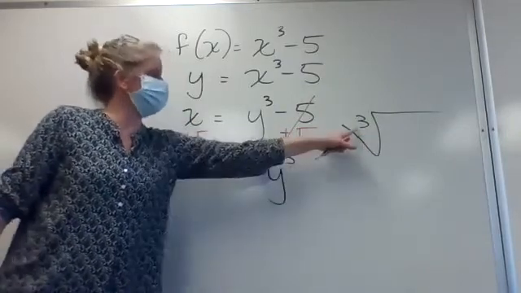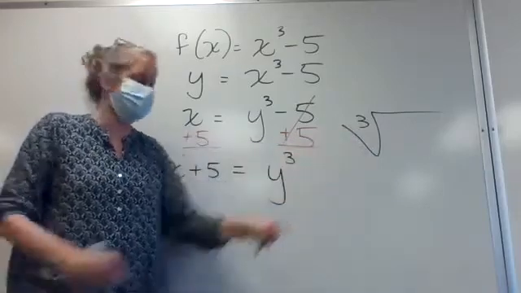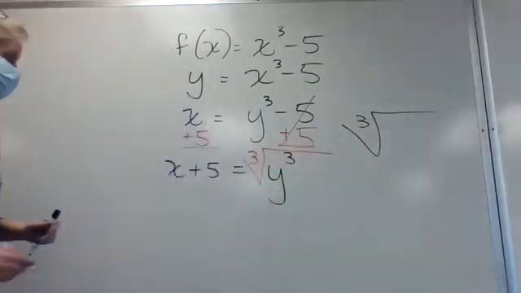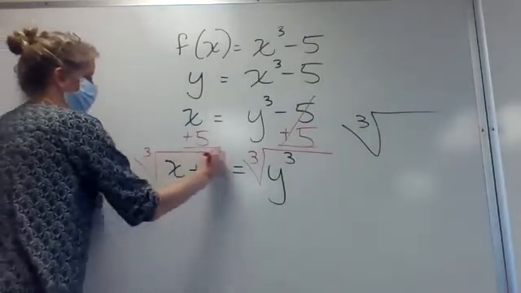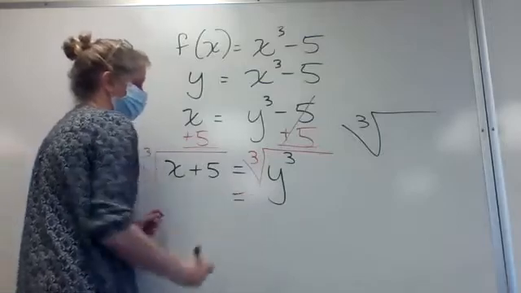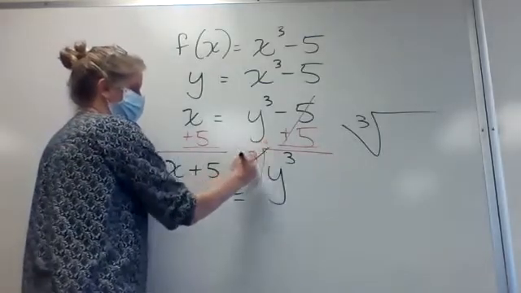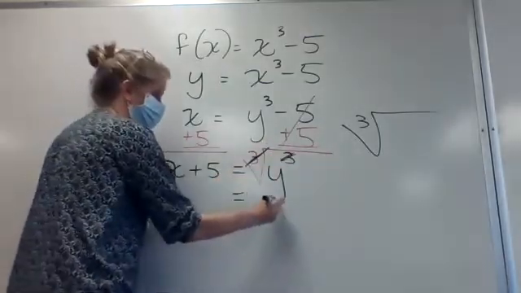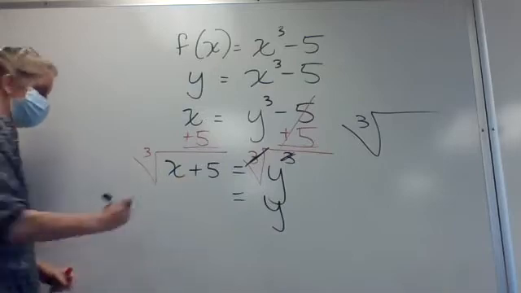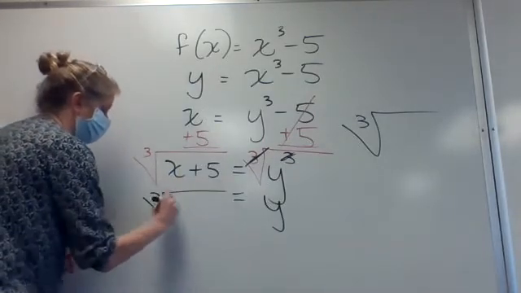So if you cube something, the opposite that's going to cancel it out is cube root. Do it to both sides. So on the right, the cube root cancels out the cube. There's your y by itself. Cube root of x plus 5 on this side.